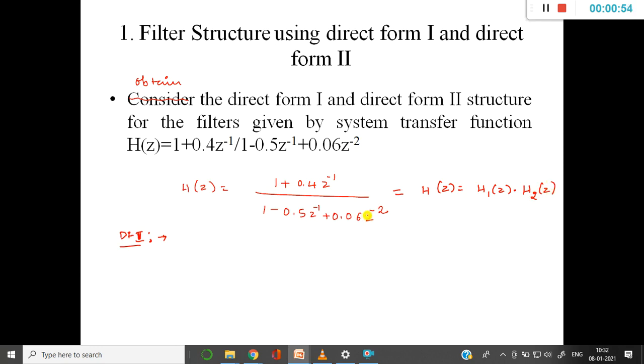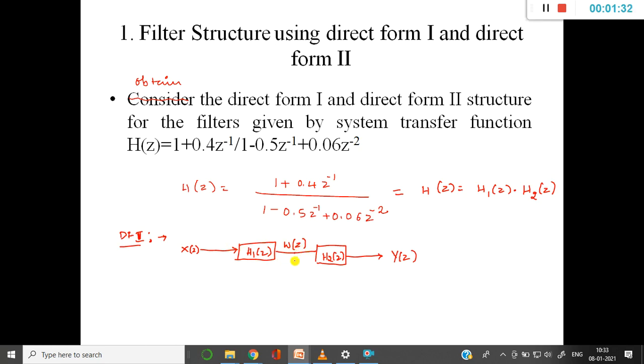So later on, in direct form 1, we take H1 of z, and this is input X of z, and output Y of z is nothing but H1 of z into H2 of z, right? This means there is an intermediate stage here. I call this intermediate stage W of z. This is D1 or direct form 1.